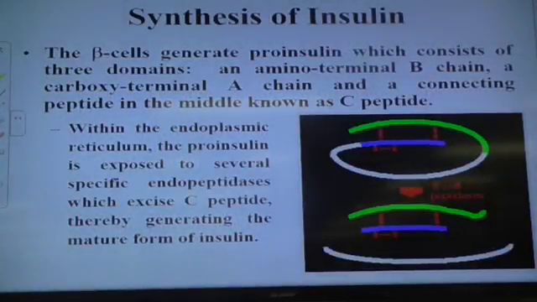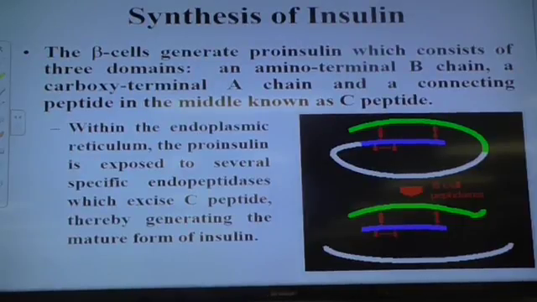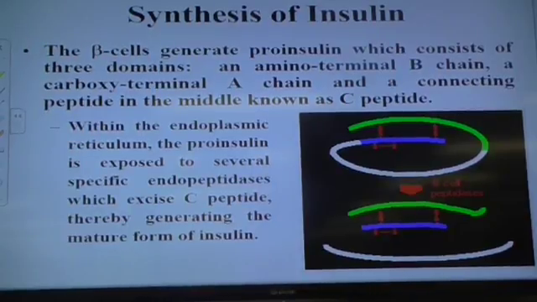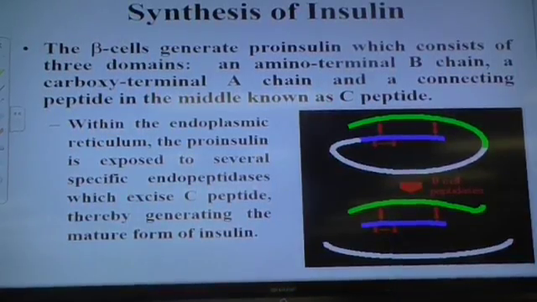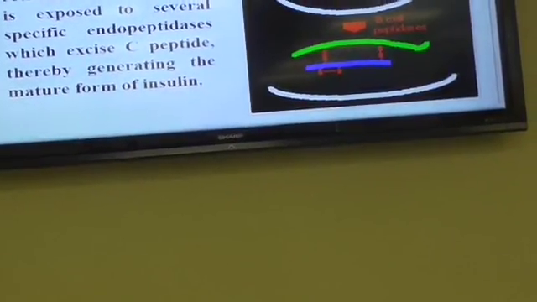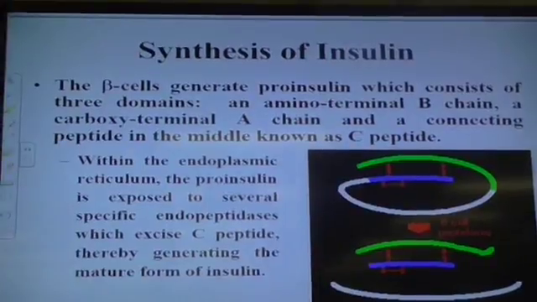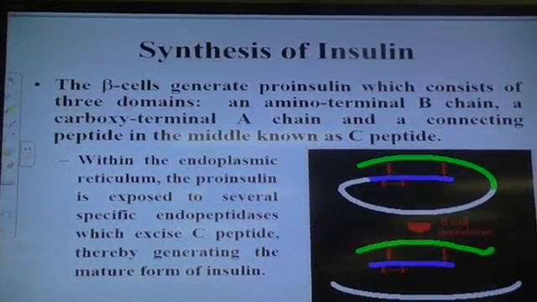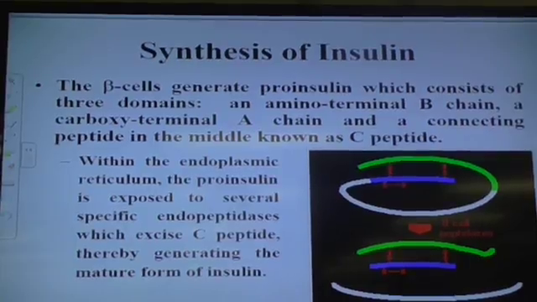Okay, this is just showing you the chains right here and how they're held together by the bonds. You can see the one at the top is the beta cell and how it's held together right there. As far as its synthesis, the beta cells will generate the proinsulin, and that consists of basically 3 domains, which you can see in the different colors in the top one. Those are the 3 different domains as far as these chains are concerned.